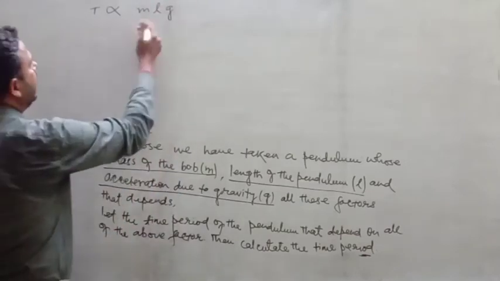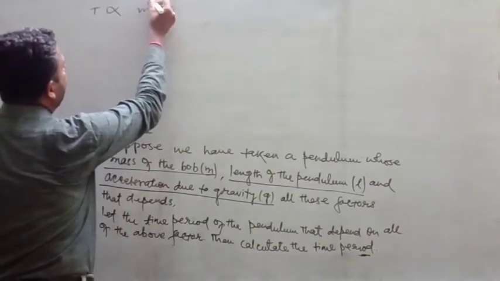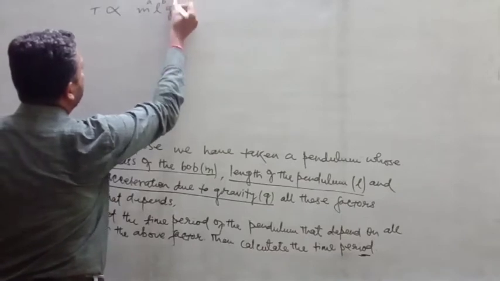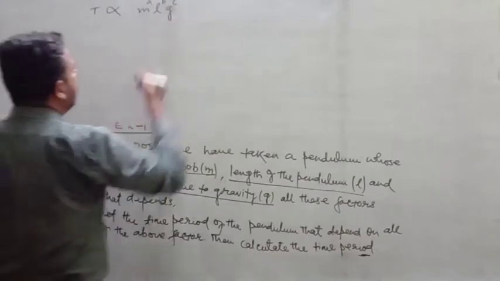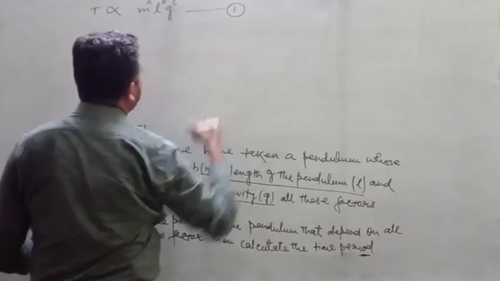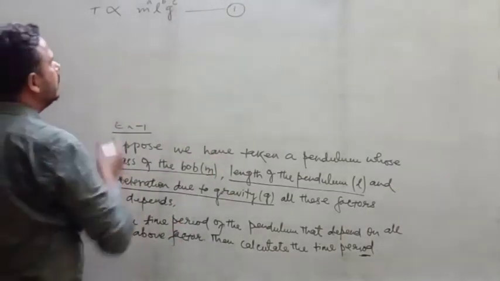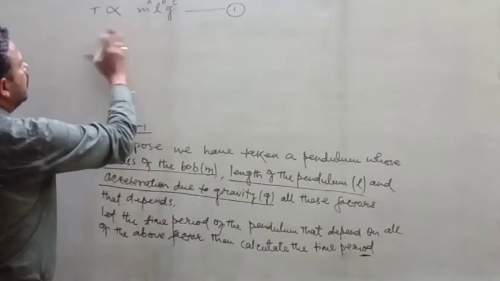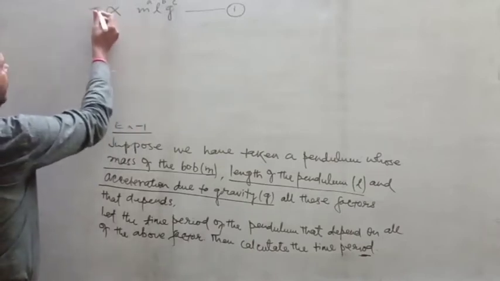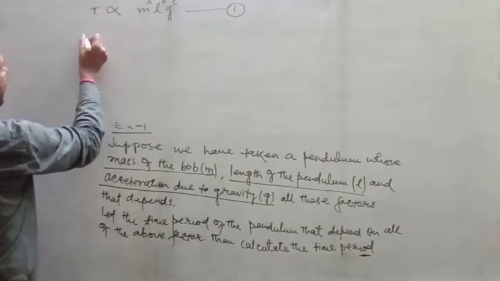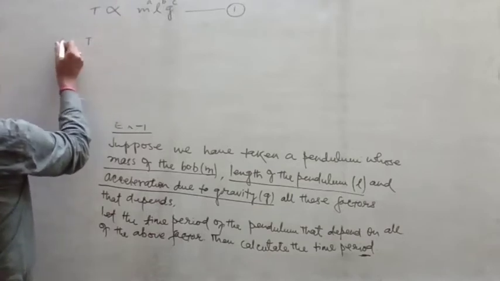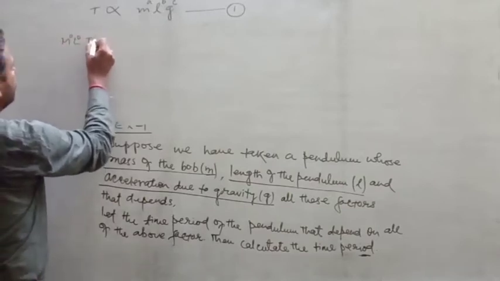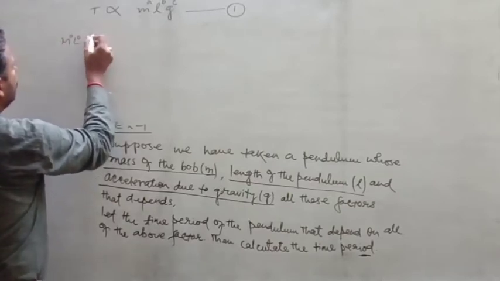So take it as m to the power a, l to the power b, and g to the power c, and call this equation 1. Then you take dimensions on both sides. This one is your time period, having dimension T. But for this, m and l should both be 0, and T is 1, so no need to write 1.